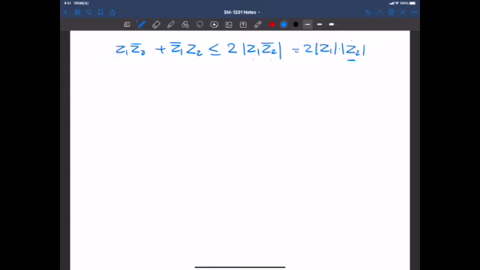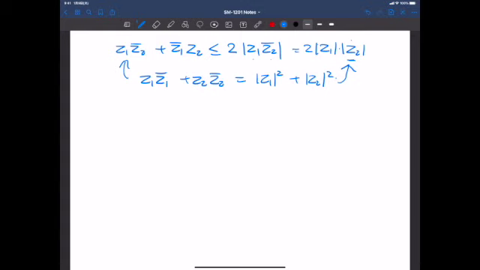Now we have this equality: z1 z1 bar plus z2 z2 bar is equal to the modulus of z1 squared plus the modulus of z2 squared. So we add this equality to both sides of this inequality.